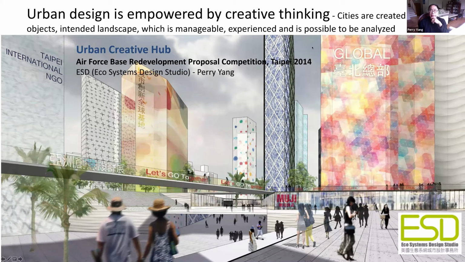So you can see this is one of the metro station areas in the city of Taipei. There's a subterranean public space and plaza being proposed by urban designers, and they will be connecting different programs, different land uses, different functions of the city, and there's a placemaking agenda behind it.